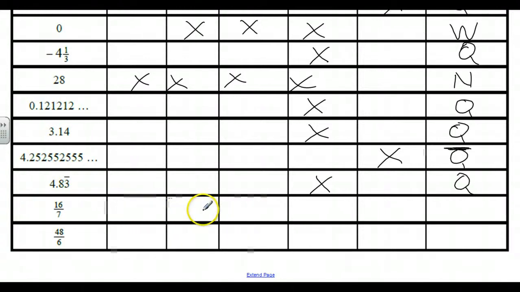Well, that's not natural. It's not natural, it's not whole, not an integer, it's rational. And that's a Q. And 48/6, well, hey, that's just 8. And so if it's natural, then it's everything to the right, but you cannot be both rational and irrational, just rational. No, kidding, it's natural.